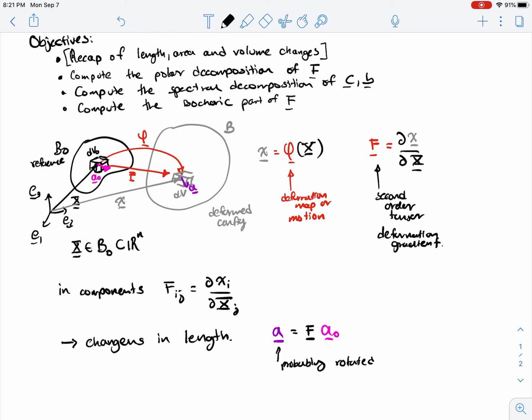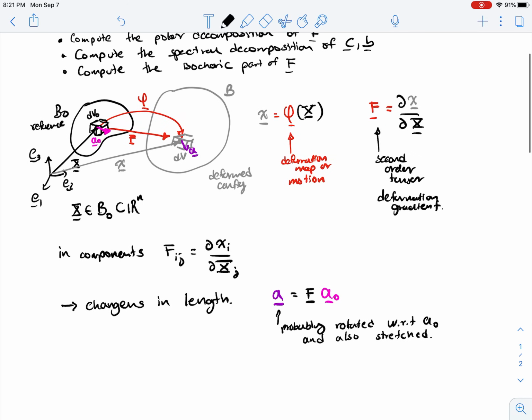And so this vector is probably rotated with respect to A naught and also stretched or compressed. So we can use basically the length of A and the length of A naught to get changes in length.